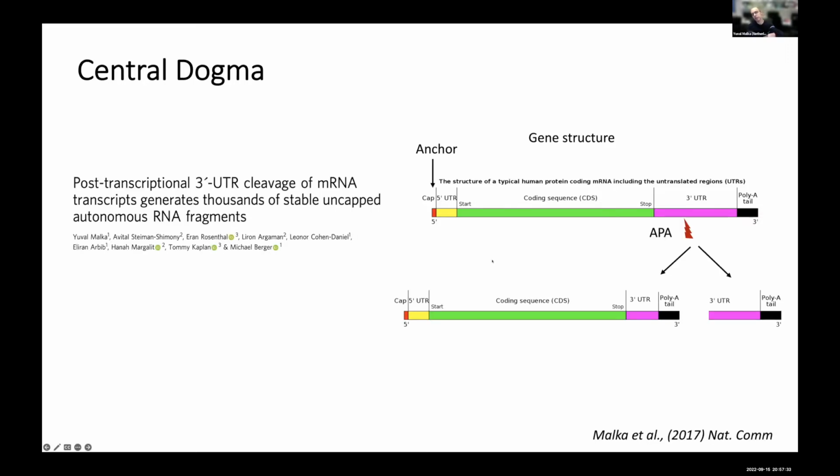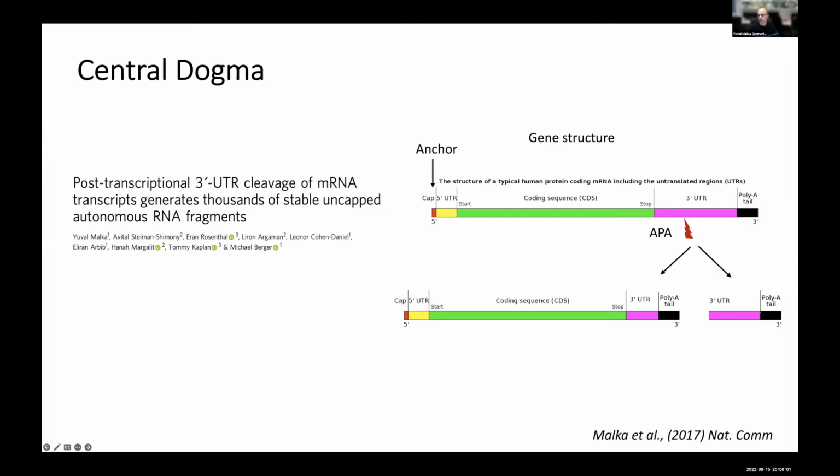So several years ago, I started to notice abnormalities in RNA sequencing that could not be explained by the central dogma. To make a long story short, what we found was that when alternative polyadenylation happens in the 3' UTR, it's not only terminating the upstream messenger RNA fragment, it's also generating an uncapped, stable 3' end of RNA.